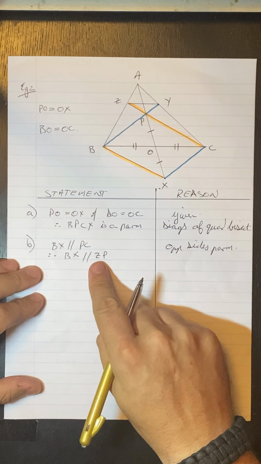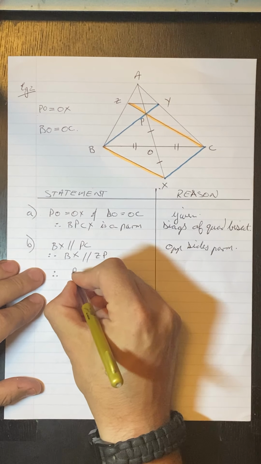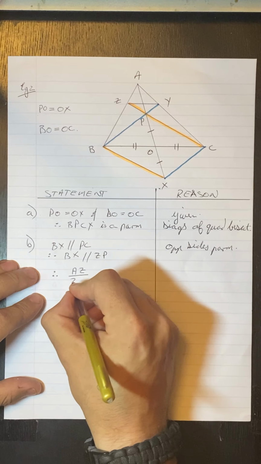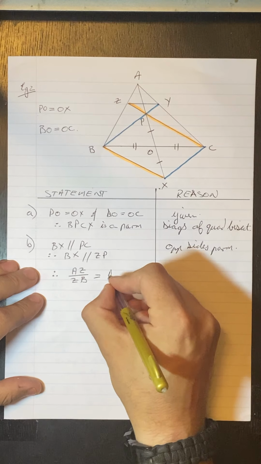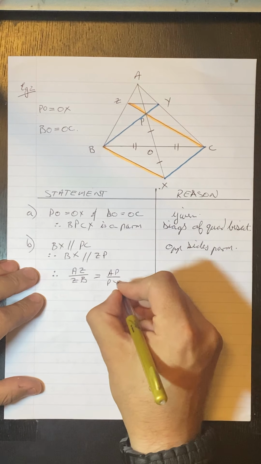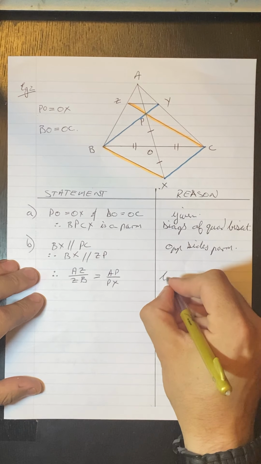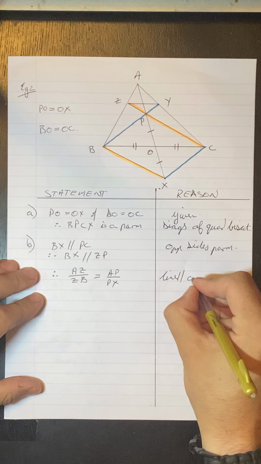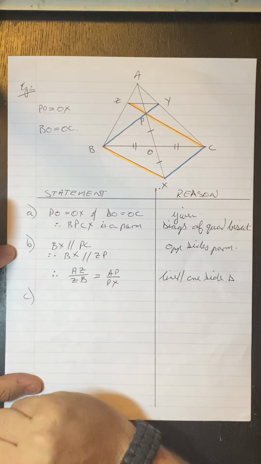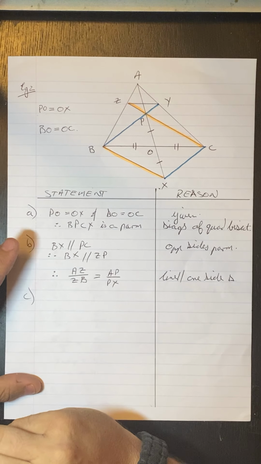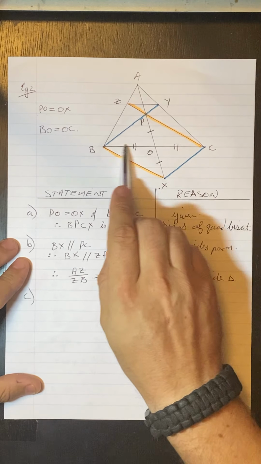Then we can say, therefore, AZ to ZB is equal to AP to PX. And the reason for that: line parallel to one side of triangle.